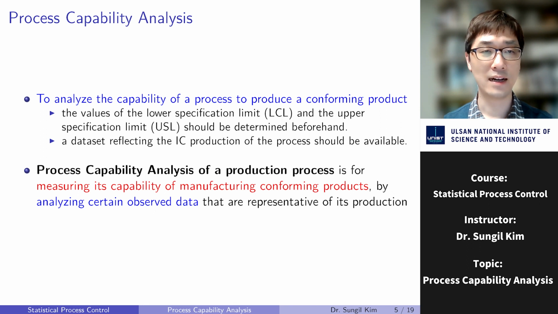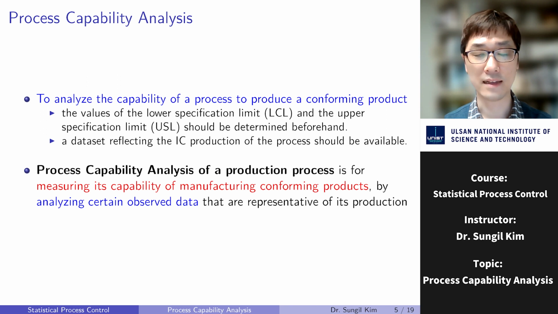As you see, to analyze the capability of a process to produce a conforming product, we need two things. The values of LSL and USL should be determined beforehand.